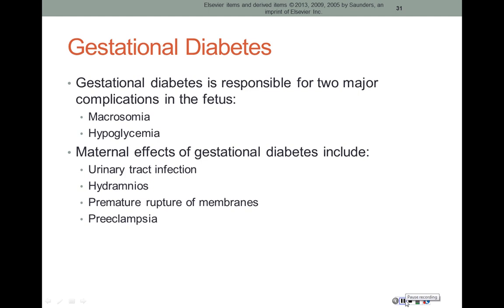The next thing that can happen is the hydramnios, which is actually where you have an increased amount of amniotic fluid. You can have a premature rupture of membranes, and you also are at higher risk for preeclampsia.